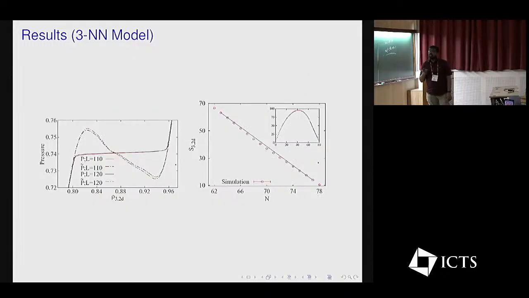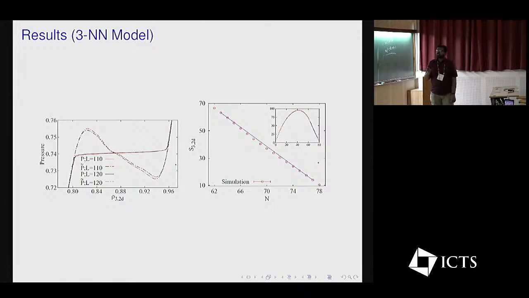Unlike 1NN and 2NN, we can also study the 3NN model, which shows a first order transition. In the first order transition, we have a coexistence region where the pressure is flat, and the canonical pressure that we get also forms a loop-like structure.